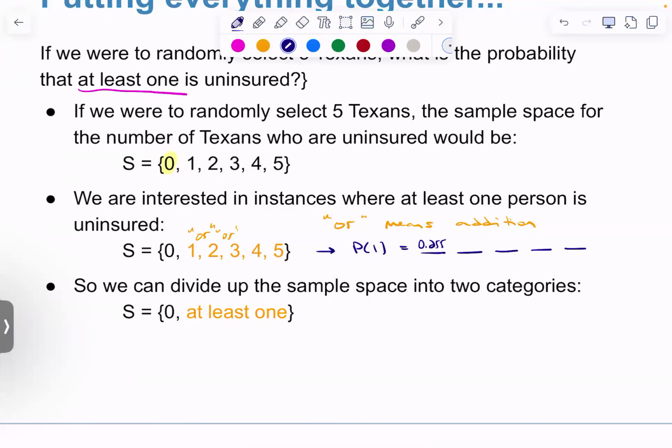And 1 minus 0.255 is 0.745. Hopefully I did that right, 0.745. Which is 0.255 times 0.745 to the power of 4.